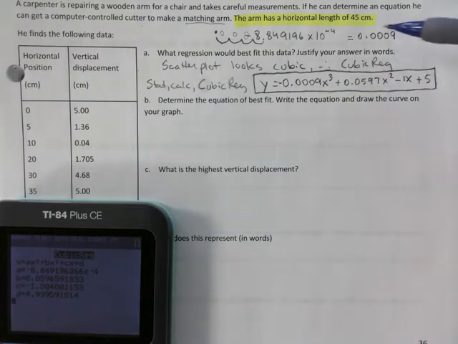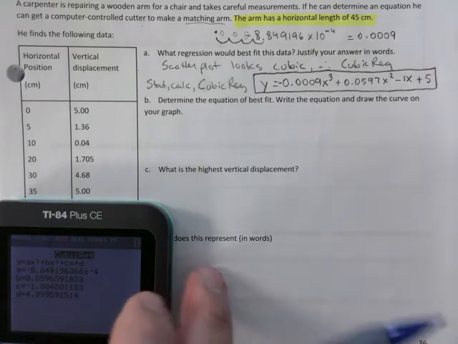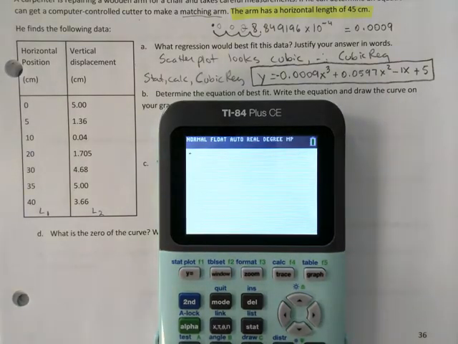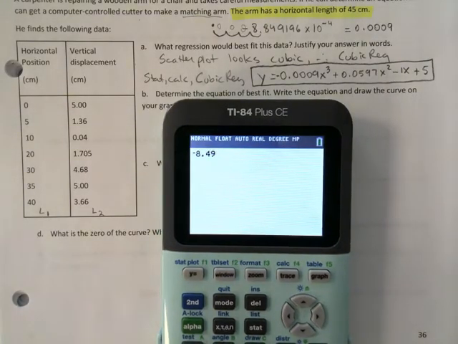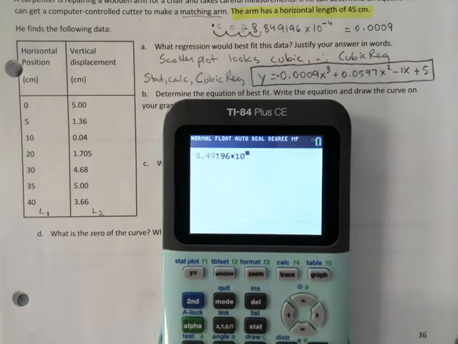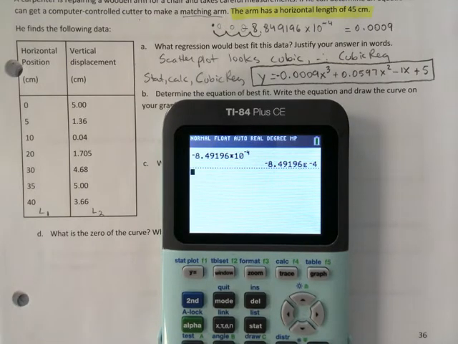Did this make sense up here? I hope it does. I'm trying to think how else I could help you here. This is the only other thing that I know how to do: minus 8.49, you type that in basically, 196, you go times 10 to the negative 4, like that, and you're like, nothing happened, Mr. Dixon.